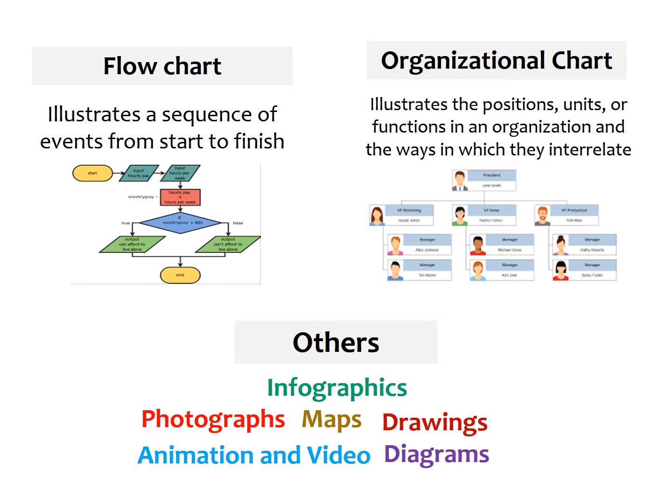Now, the next one in here is the organizational chart. Normally, this organizational chart illustrates positions, units or functions in an organization and the way they interrelate. So again, this is commonly used in any organization. And the rest are like maps, drawings, photographs, animation, videos, diagrams.